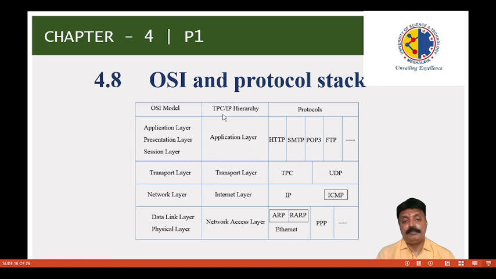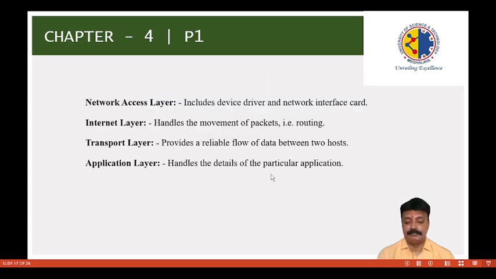This particular TCP/IP hierarchy is the prior model to the OSI model. That is a major point which we need to keep in our mind. And the protocols involved in the application layer: HTTP, SMTP, POP3, FTP, to handle the user interface, email, and file management systems. In the transport layer, User Datagram Protocol and TCP will be used for transporting, for the communication.